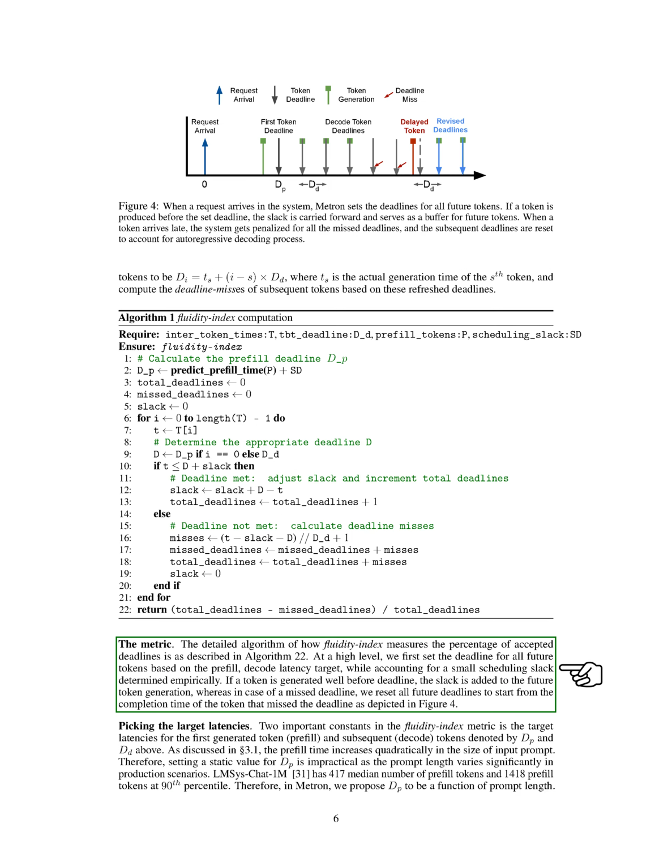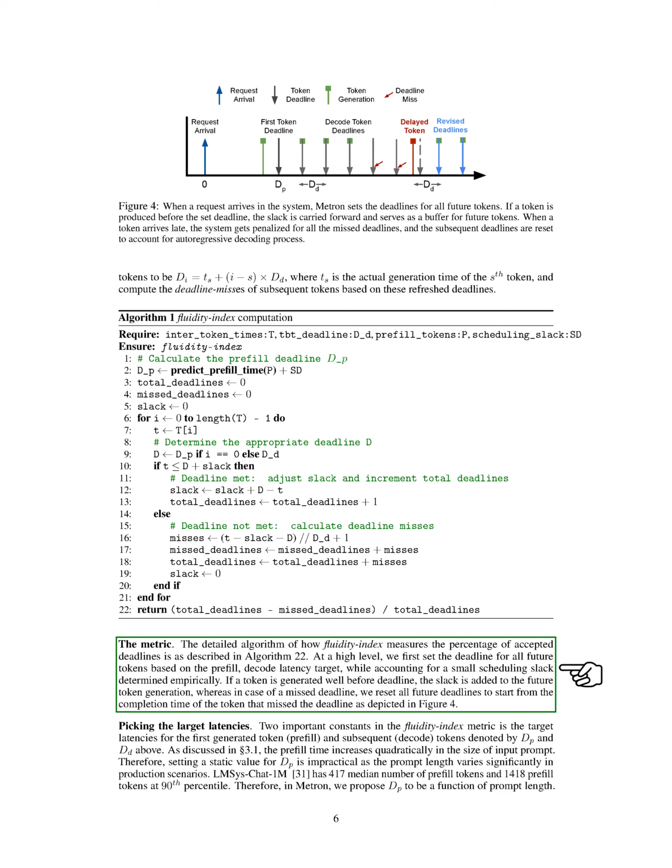The fluidity-index metric quantifies the percentage of accepted deadlines based on the defined criteria. It sets deadlines for future tokens considering prefill and decode latency targets, with a scheduling slack to accommodate variations. If a token is generated early, the slack is added to future token generation, while missed deadlines trigger a reset of all future deadlines.